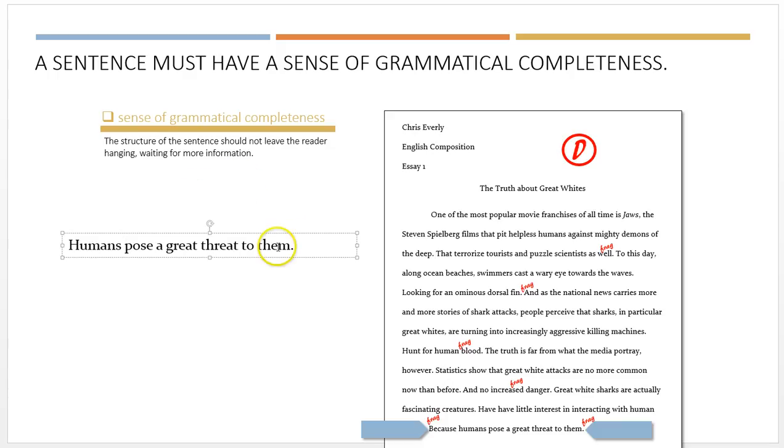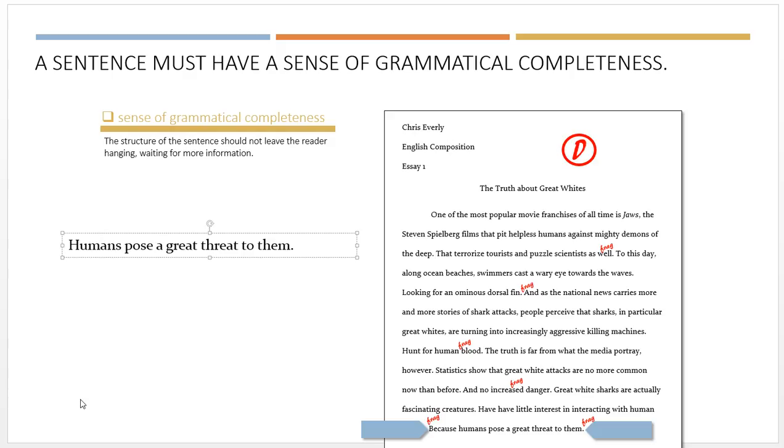You still don't know who them is, but that's more information that you want. That request or desire for information is not based on the structure of the sentence, and that's what we mean by grammatical completeness. So the third criteria for a complete sentence is a sense of grammatical completeness.